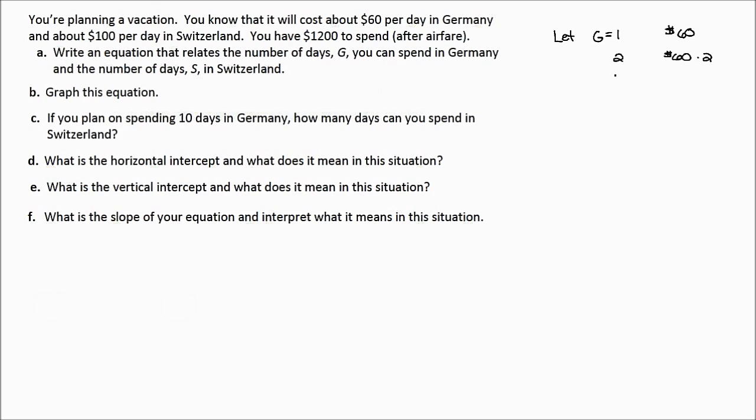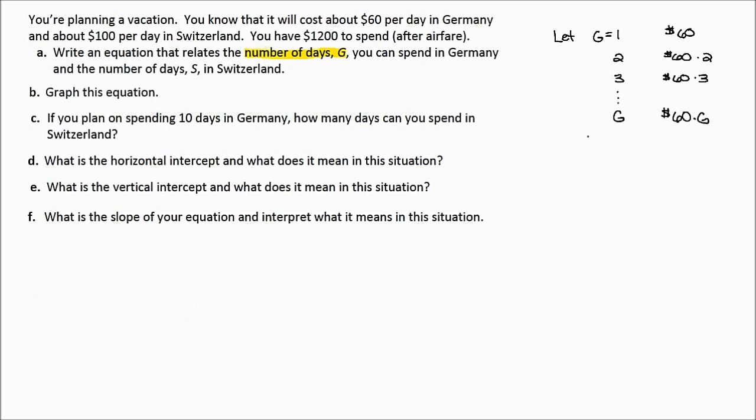If we spend 3 days, it would cost us obviously 3 times 60. So I'll just write that, 60 times 3. If we just do this on and on forever, if we were to call that G, in other words, we spend G days in Germany, because that's what they tell me my variable is. My variable G stands for the number of days in Germany. Following this pattern, we know it's going to cost us $60 times the number of days, which is G.